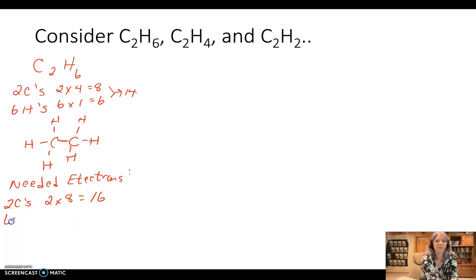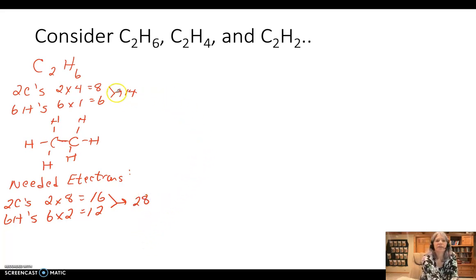And we have 6 hydrogens, and each hydrogen wants to form a duet, to have 2 electrons around it. That would require 12 electrons if they were doing it on their own. And so these are the total number required to form octets and duets.